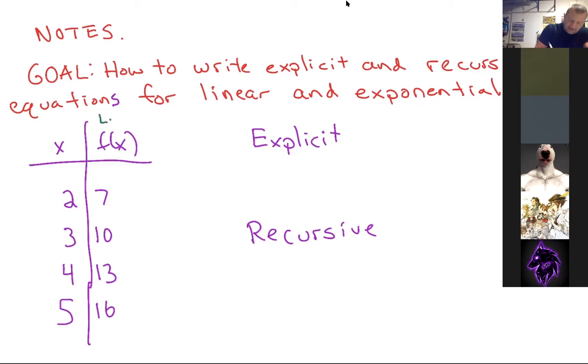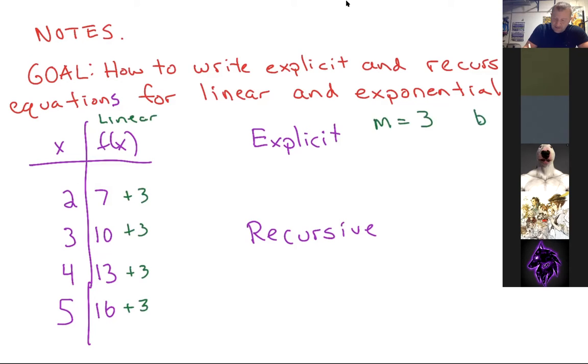So I'm going to write that in. It's linear because it's adding: plus 3, plus 3, plus 3, plus 3. So that means it's y equals mx plus b, and m is 3 because whatever changes is m. So I know that m is equal to 3.